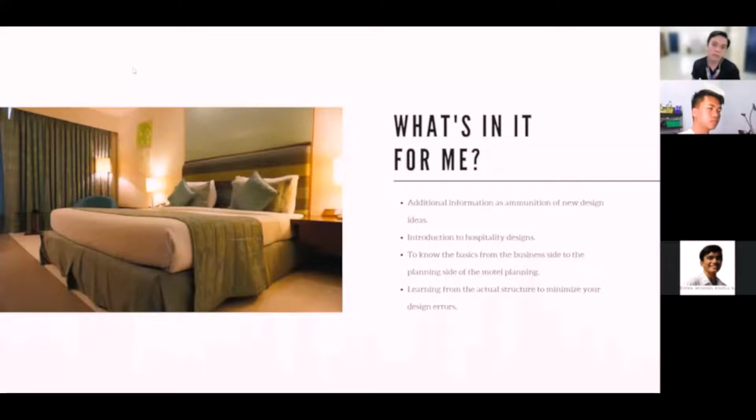If you have the basic knowledge with regards to the context of motel planning, then the errors in your initial drafts or actual construction of your motels in the future, if you get to be an architect, are minimized.